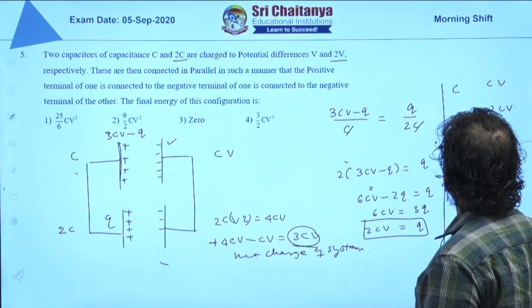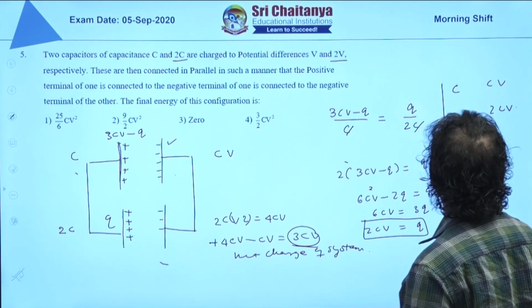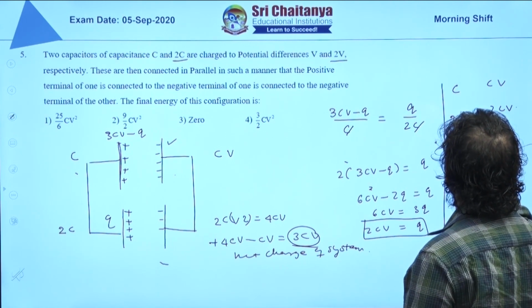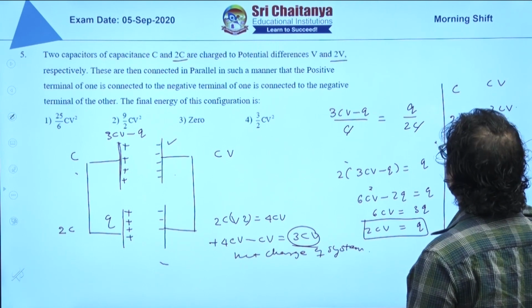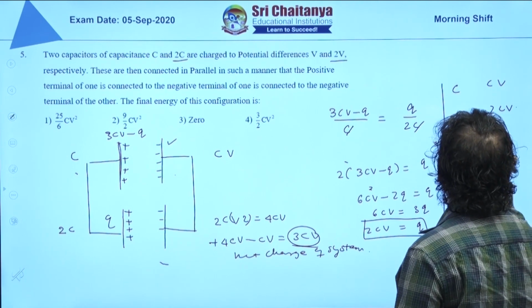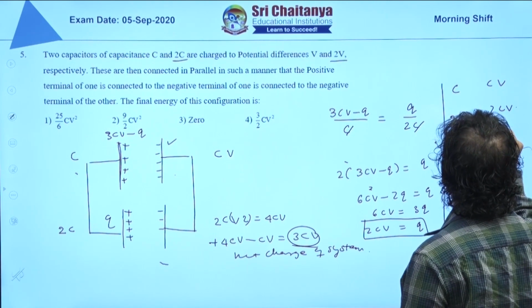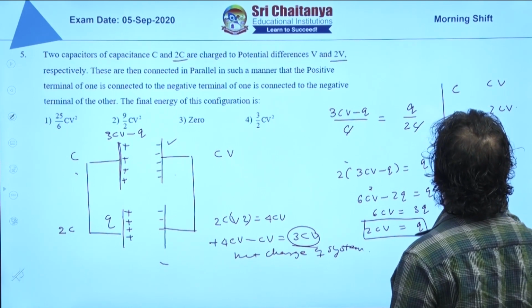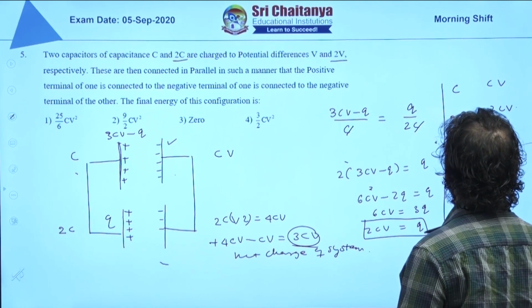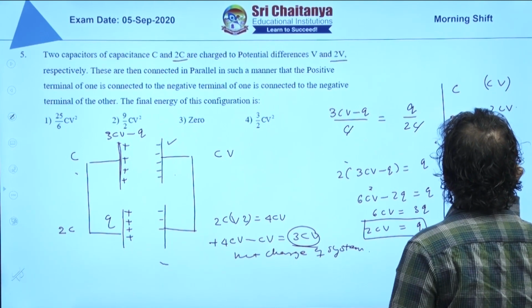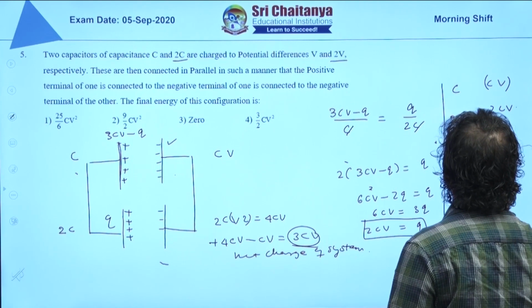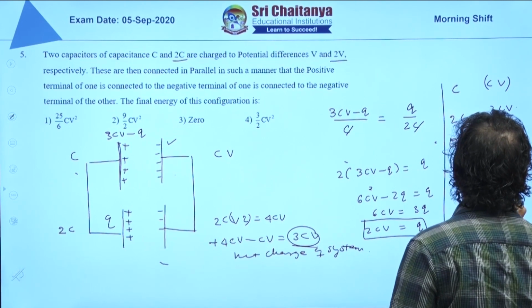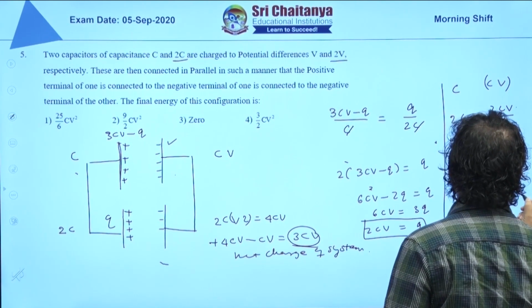So, final energy is nothing but Q square by 2C, CV whole square divided by 2C plus 2CV whole square divided by 2 into 2C.